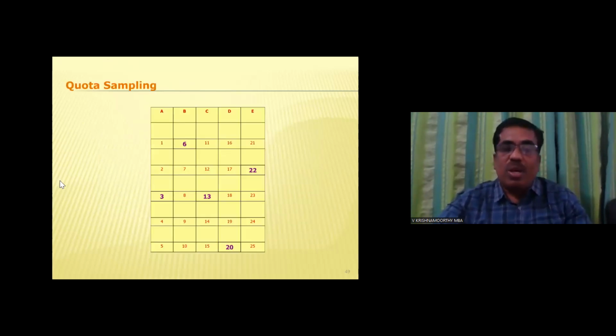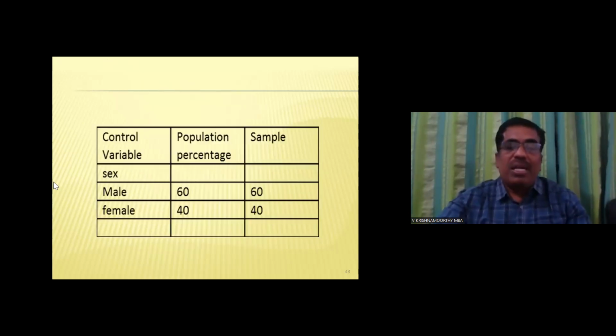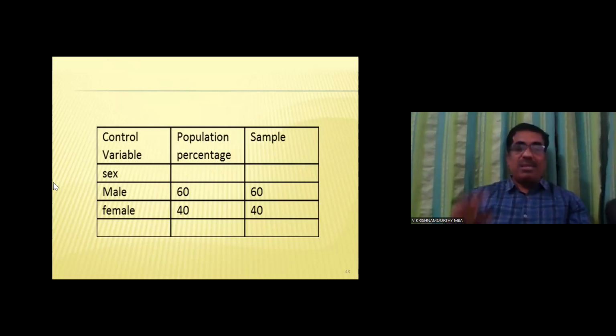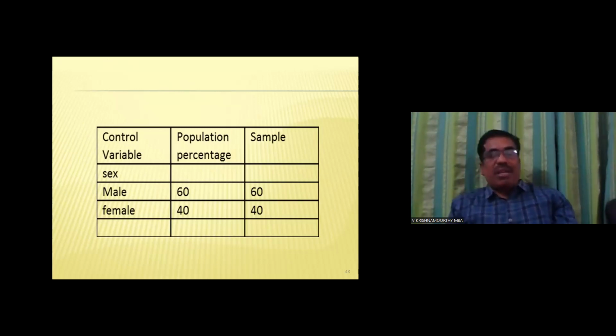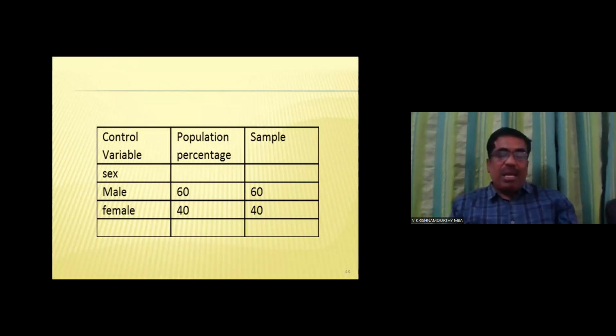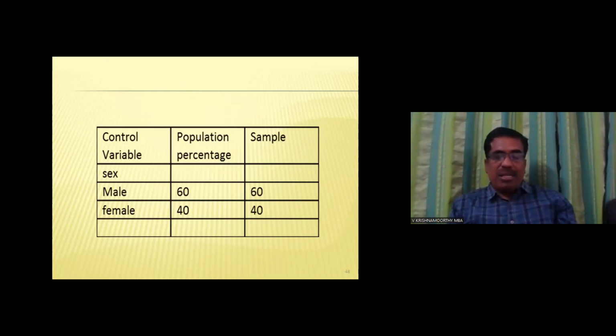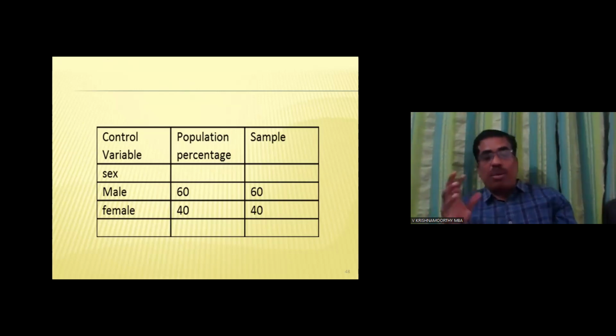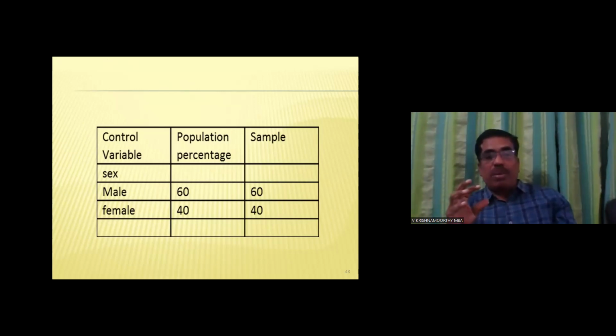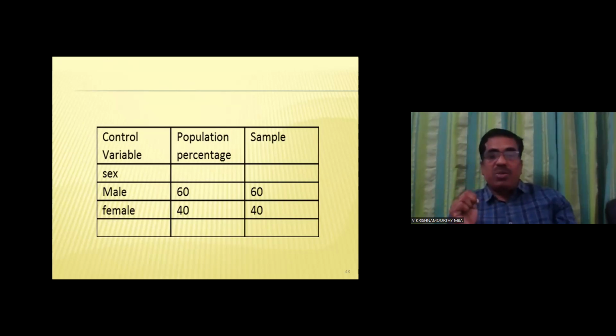Similarly, the next one is the quota sampling method. In quota sampling, some quota will be fixed. For example, we have some control variable. Control variable means, for example, we would like to collect data from male and female customers. Take a total population where 60% constitute male and 40% constitute female.